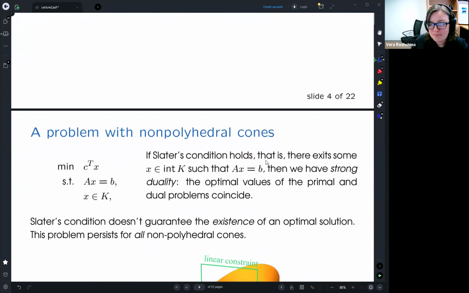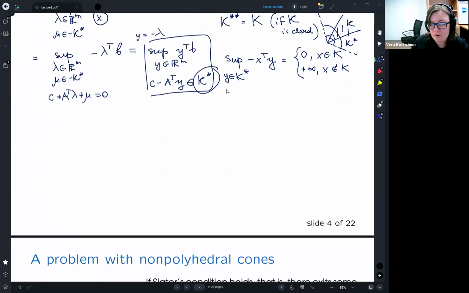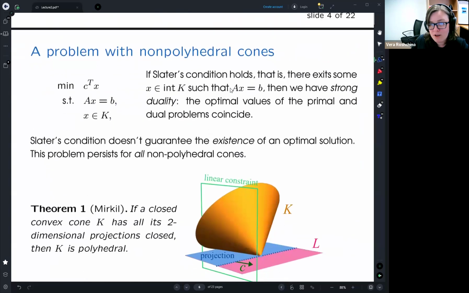Okay, so now one thing that I mentioned is that I'm not going to talk about it a lot, is that you need some extra conditions to ensure that this is actually equality and not one-sided inequality. And we know that if there exists a point in the interior of the cone, or in the relative interior of the cone, such that for this point the linear equality is also true, then strong duality holds.